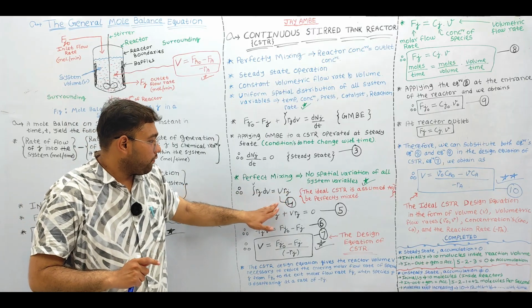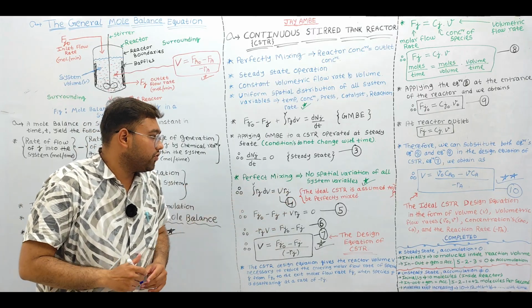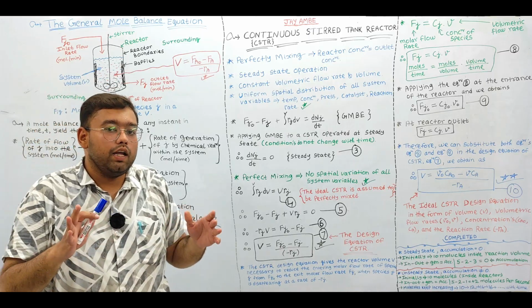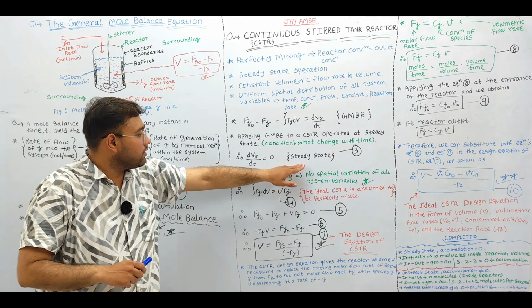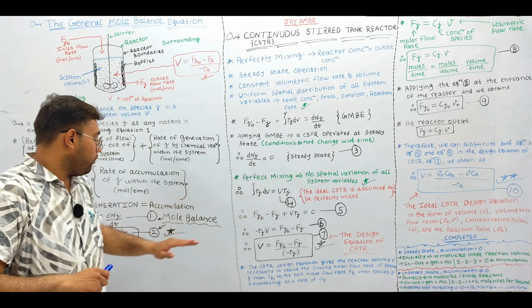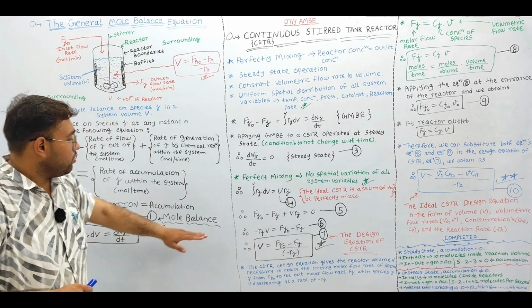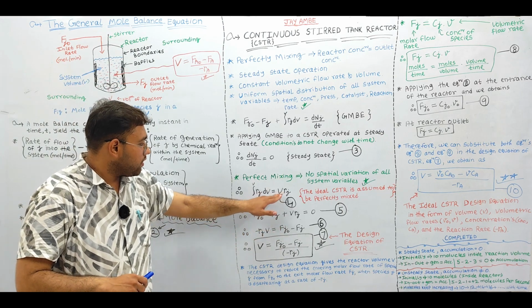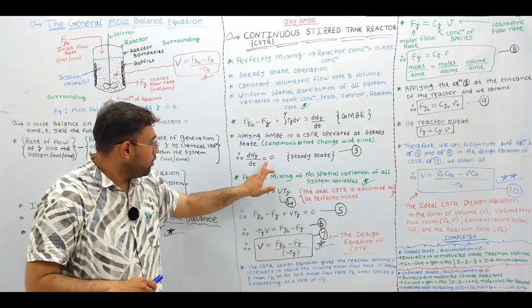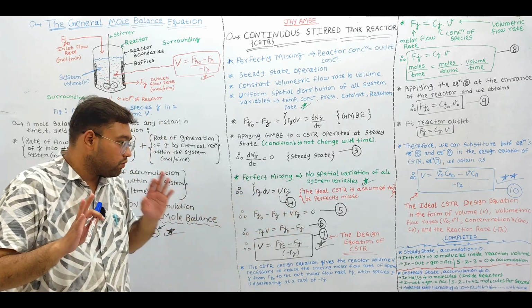So this equation 4 indicates the ideal CSTR is assumed to be perfectly mixed. Now we can apply equations 3 and 4 to equation 2. So we can write Fj naught minus Fj plus the generation term V into Rj is equal to the accumulation term, which is equal to 0.